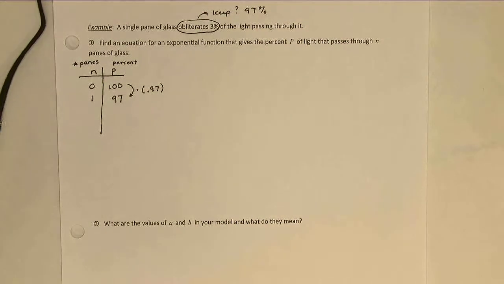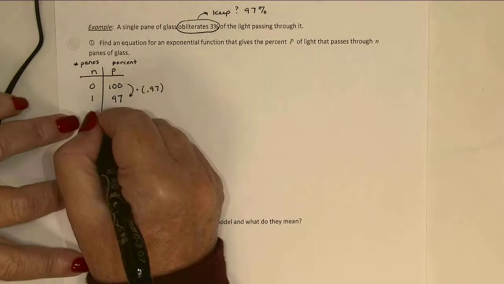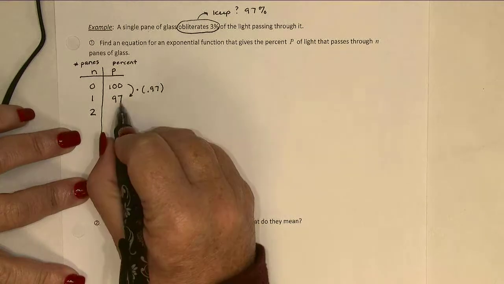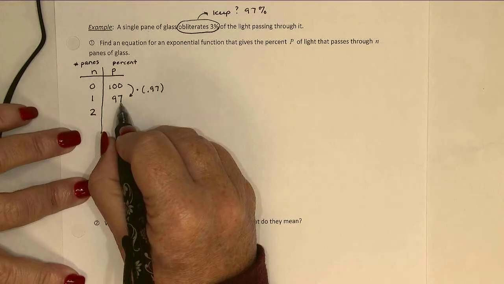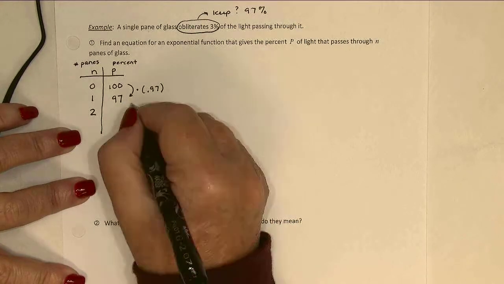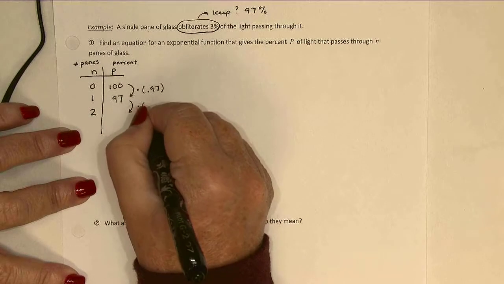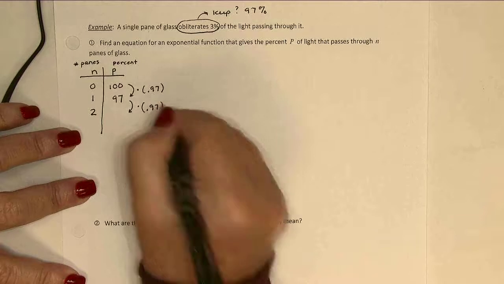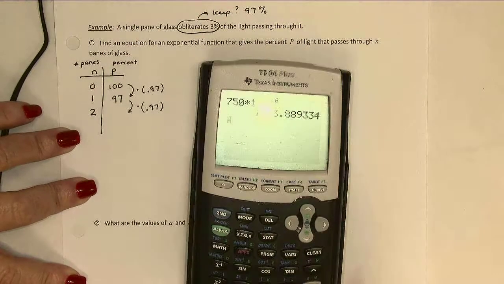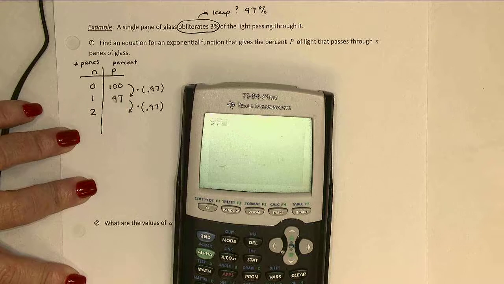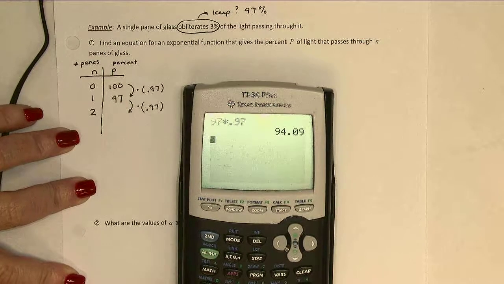That gives me a kind of a way of attacking this problem, though, a technique, right? Because now when I add the next pane of glass, 2 panes of glass, I had 97%. I get to keep 97% of that. So once again, I'm going to multiply by 0.97. And that's about 94.1%.